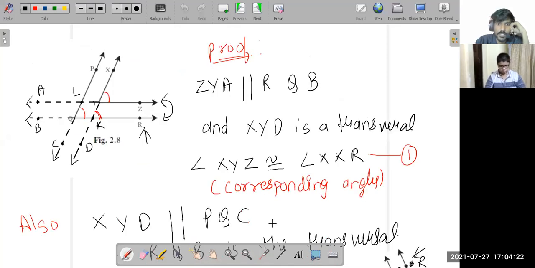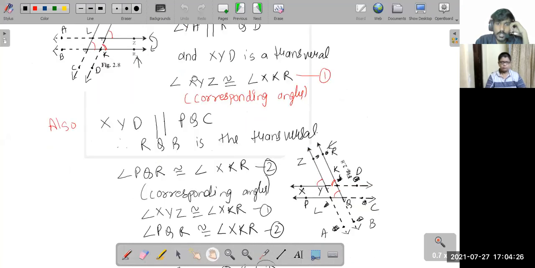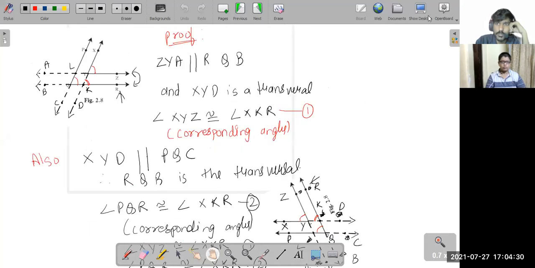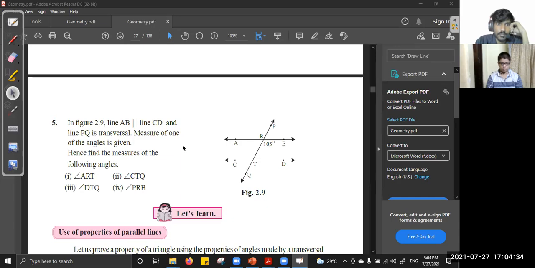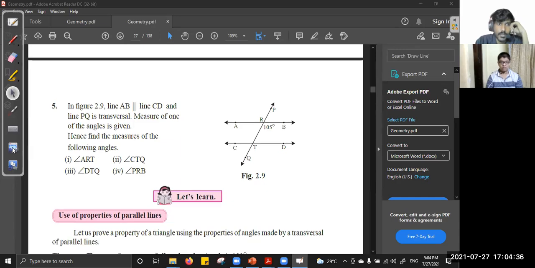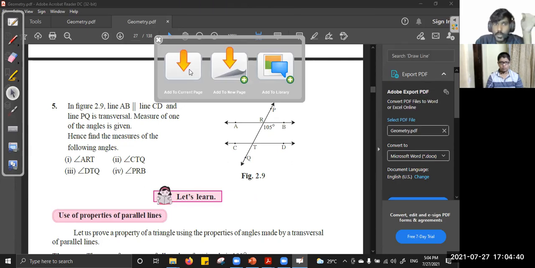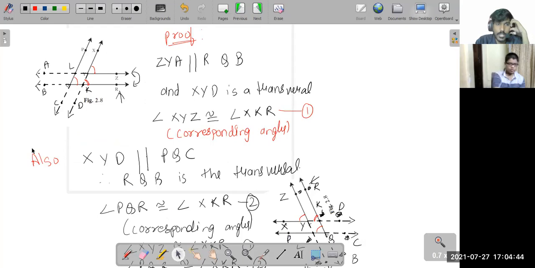Any doubts in this sum? I hope you had got it. Any doubts in the fourth one? Do you want me to do the fourth one again? No, no? Okay.